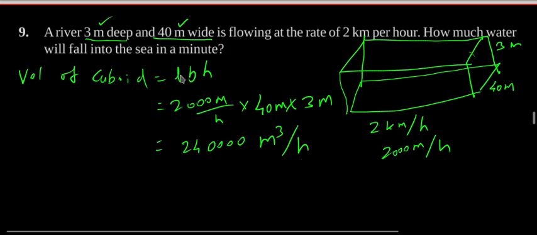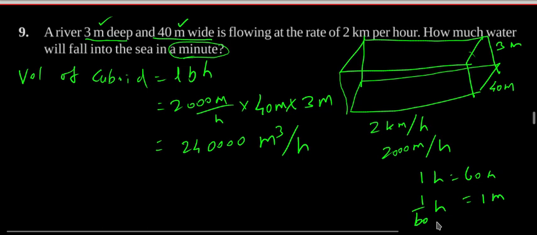Now we have to get in minute. The question is asked in minute. So this hour also we will convert into minute. So 1 hour equal to 60 minutes. So 1 by 60 hour equal to 1 minute. Isn't it?